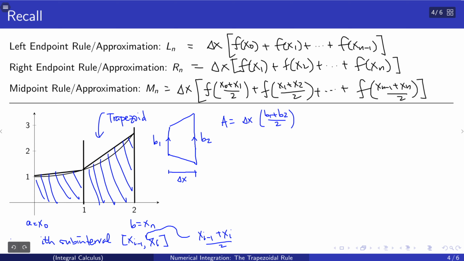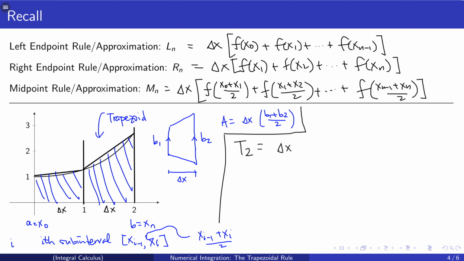And so what does this give us here? Well, for this specific example, what I'll call t sub 2, which is the trapezoidal rule with 2 subintervals, I'm still going to have delta x here as the width of each trapezoid.